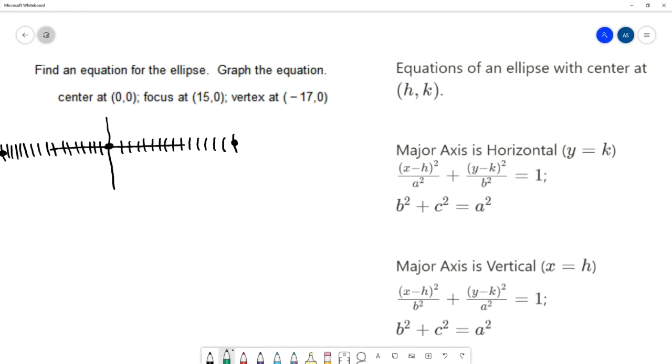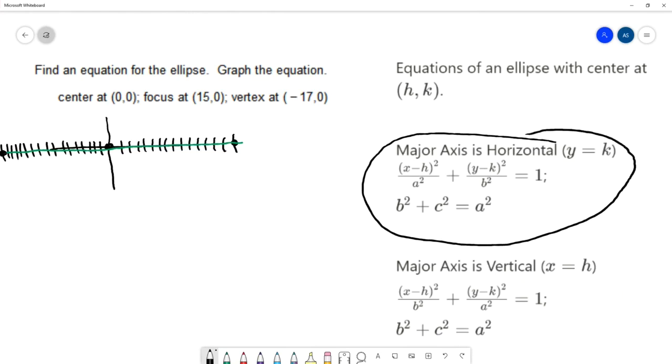Because these points are all lined up horizontally, I know that this ellipse has a horizontal major axis, is oriented horizontally. So I know that my major axis is horizontal.